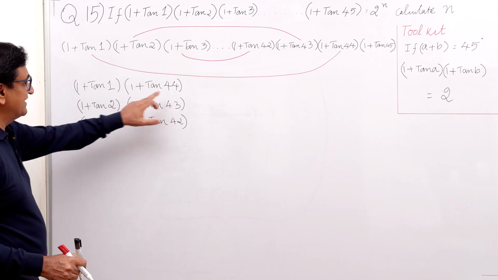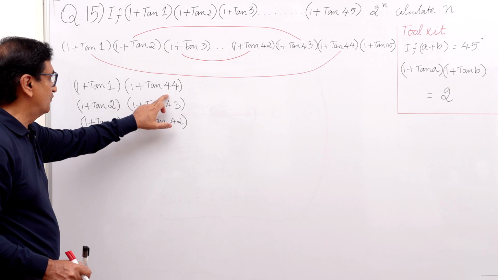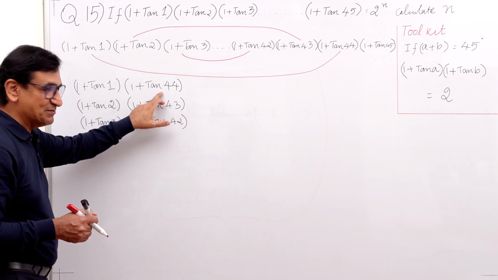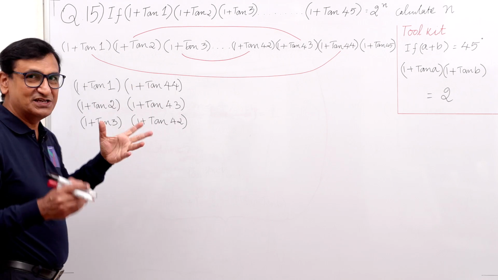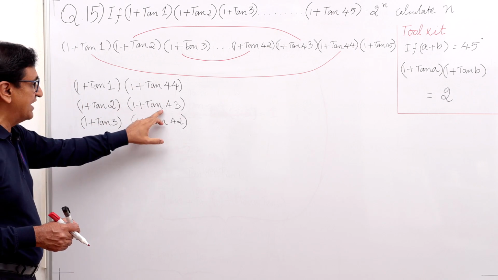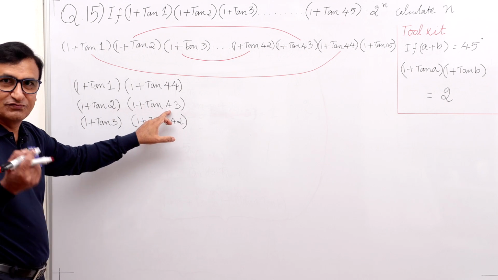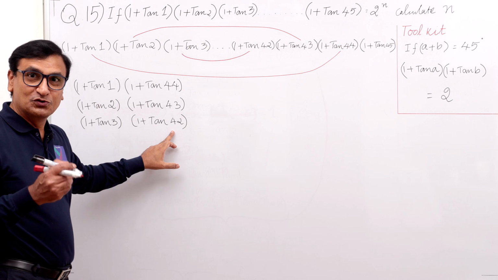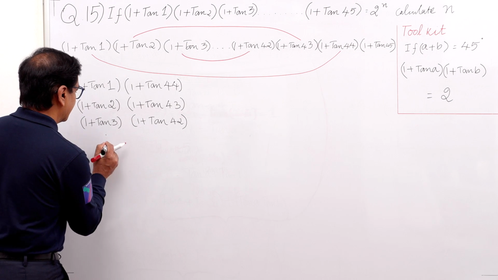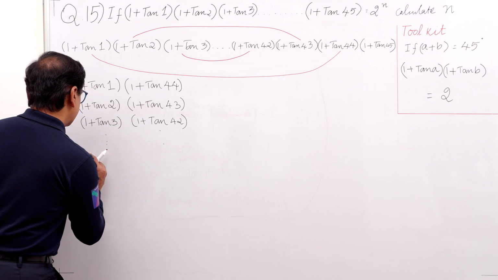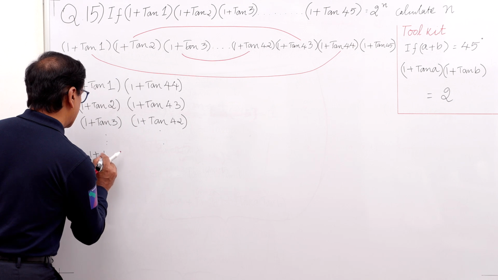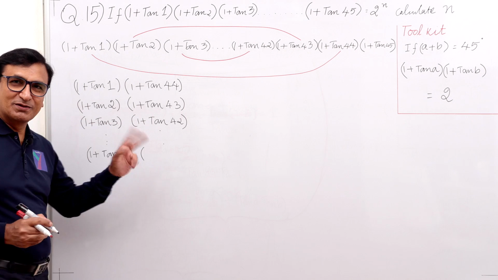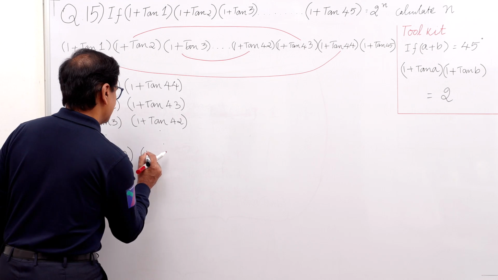You have tan 1, tan 44. 1 plus 44 is 45. Therefore, tan A and tan B, where A + B is 45. Similarly, tan 2, tan 43: 2 plus 43, 45. Tan 3, tan 42: 3 plus 42, 45. Let's say this goes on like this, and let's write one middle term, 1 + tan 10, and this would be 1 + tan 35.